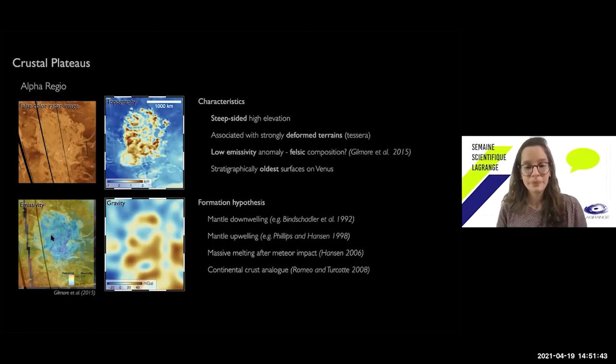Another option is that it's coming from a massive impact of a big meteor that kind of melted everything and made these lava ponds that froze into these regions. And finally, that this is analogous to continental crust, meaning that if there was an event in the past history of Venus that subducted and recycled the crust, these would be regions that survived this global recycling event.